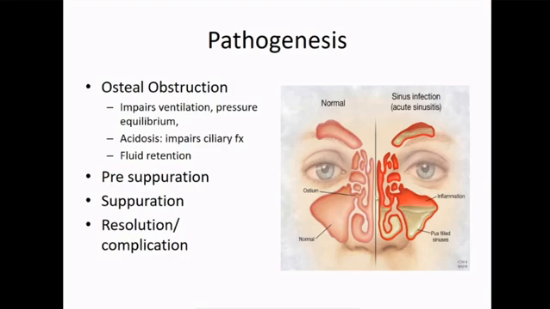Okay, so when the secretion does not change in color, only clear colored secretion, we call it the pre-suppuration stage. It means not infected yet. Only the fluid becomes accumulated there.